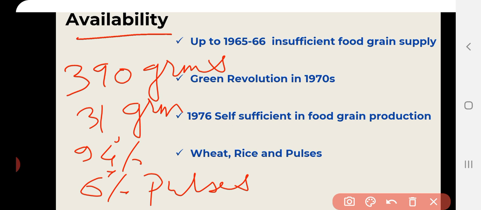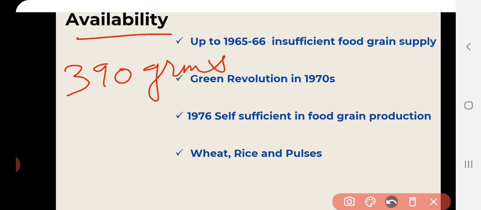The increasing population and the declining position of the environment will mean that India will again face the food scarcity problem or insufficient food production problem. This is the first point regarding the quantitative and qualitative availability of food grains.